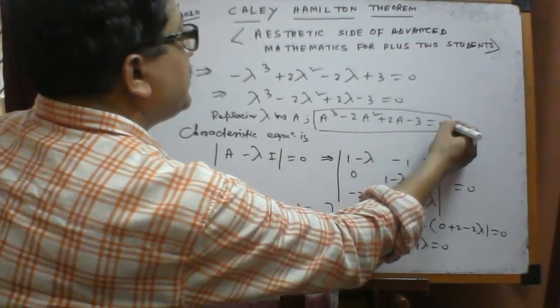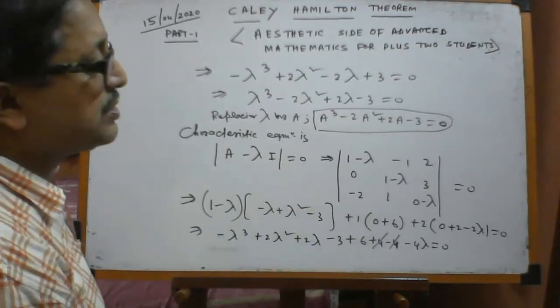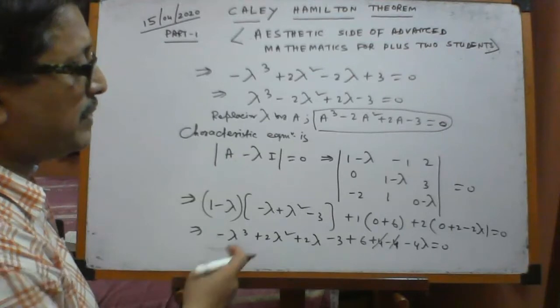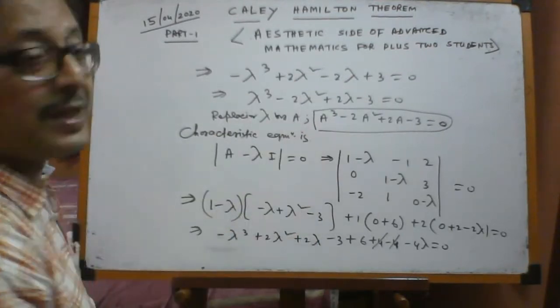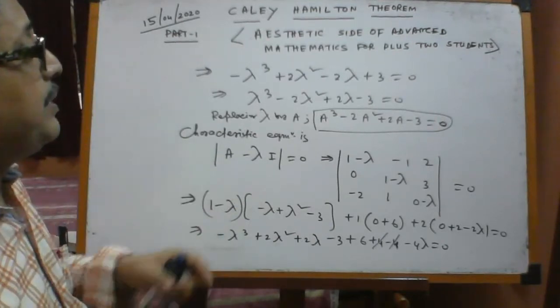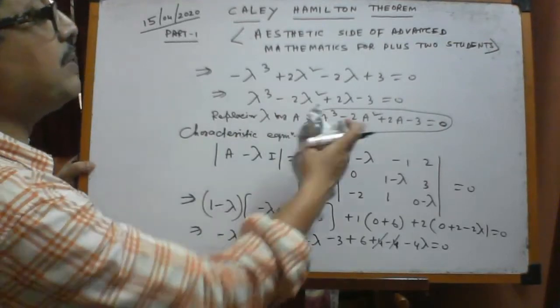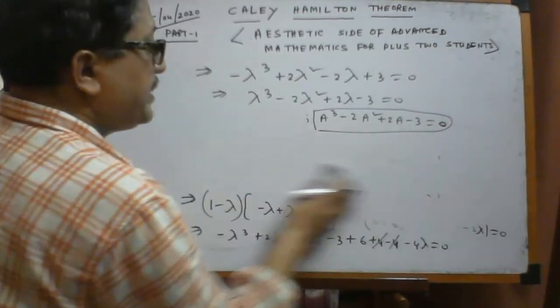See how easily I have got here. I just wrote the characteristic equation. From this characteristic equation, I got a polynomial. Then I converted the polynomial into a matrix polynomial. So any higher power they are asking based on it, that also can be found from this Cayley-Hamilton theorem.